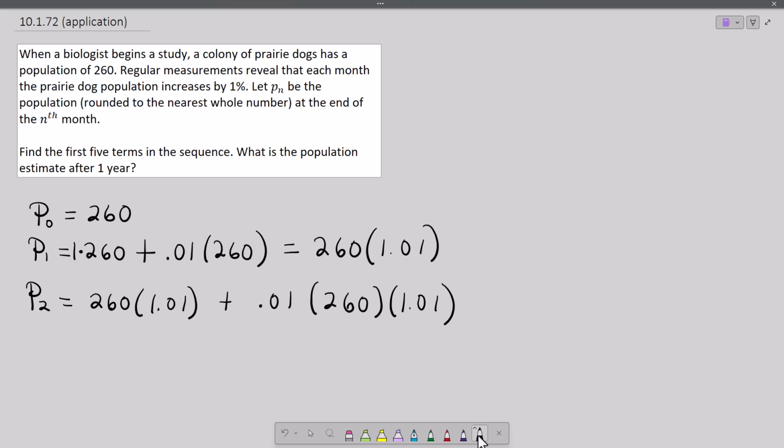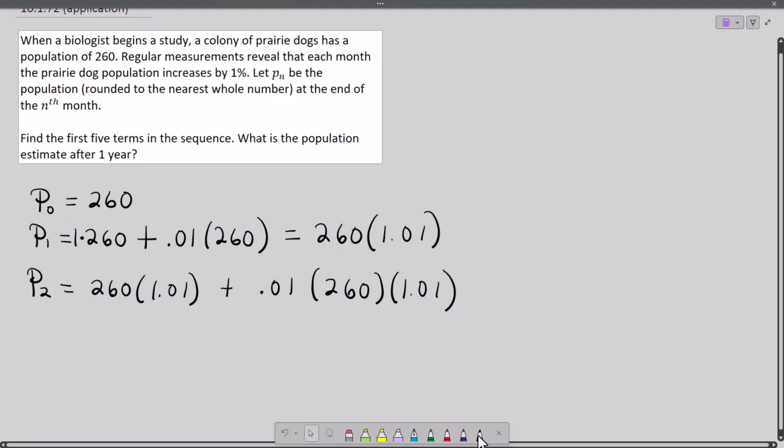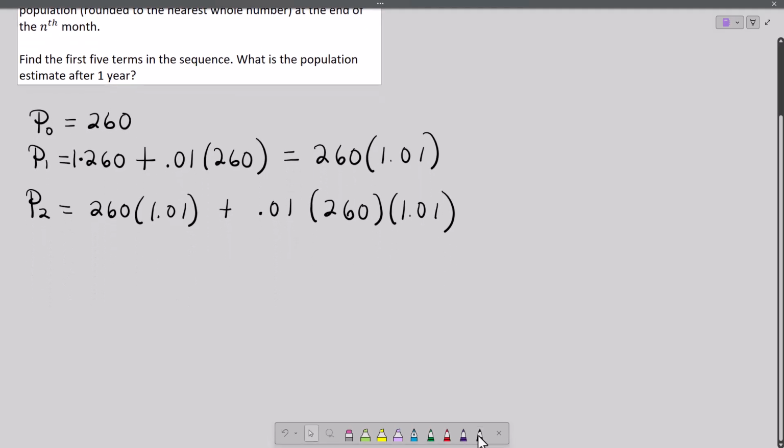So it's increasing. We've got this new baseline population. That's where we're starting, but then a month later, we have to multiply that by 0.01. Now let's be careful. Let's factor again. This is 1 times all that, and we see that's common, so we can factor that to the front.